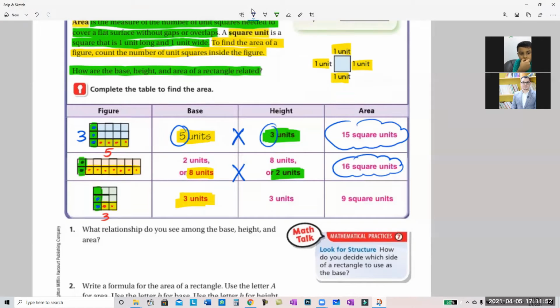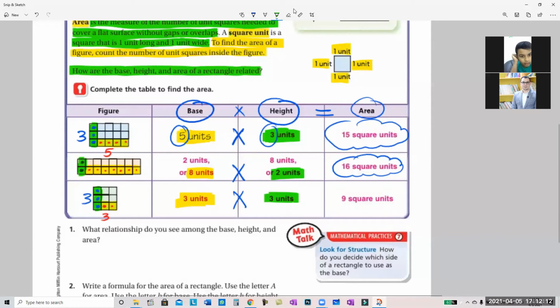Now we're going to multiply them together to get the area. So base times height. We're going to multiply every time base times height to get the area. So 3 multiplied by 3 equals 9. So that's the area of the third figure.